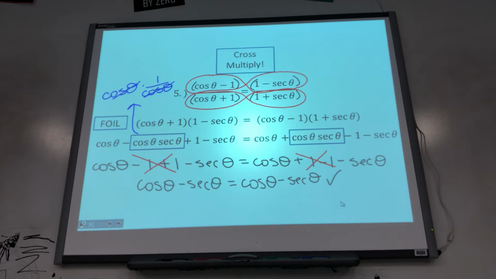Now I will say there is one proportion on here. Do you see which one that is? Number 7. Yeah, number 3 almost looks like a proportion, but 7 you want to cross multiply. There's also only one that you should factor, and that is number 8.